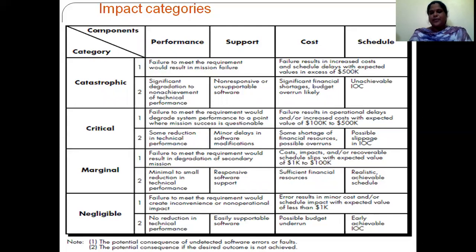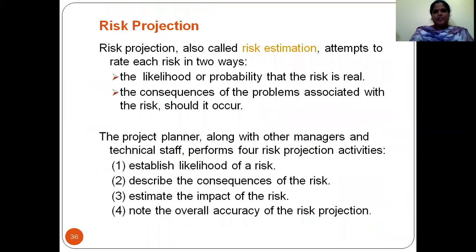In marginal, failure to meet requirements would result in degradation of a secondary mission, cost impacts are recoverable, and there is minimal to small reduction in technical performance. In negligible, failure to meet requirements creates inconvenience with no operational impact, errors result in minor cost, there is no reduction in technical performance, the software is easily supportable, the budget is adequate, and IOC is easily achievable. These are the impact categories.